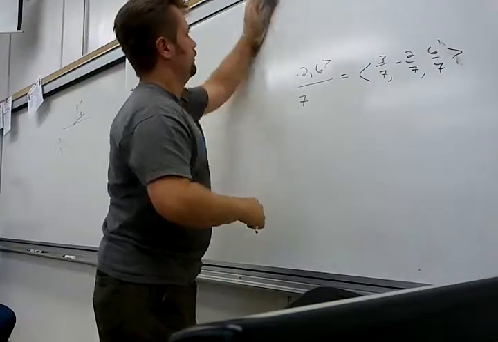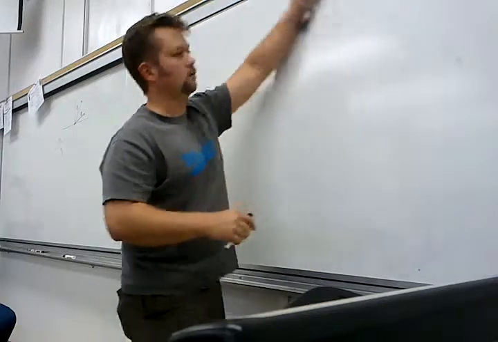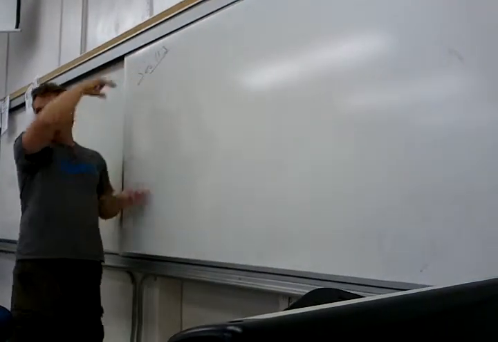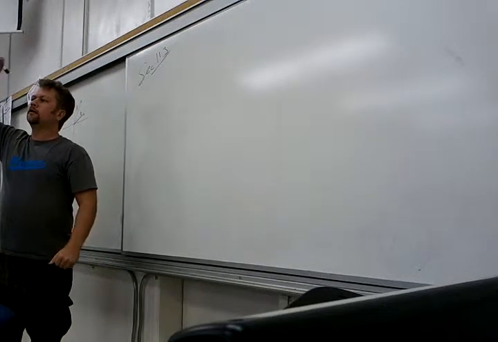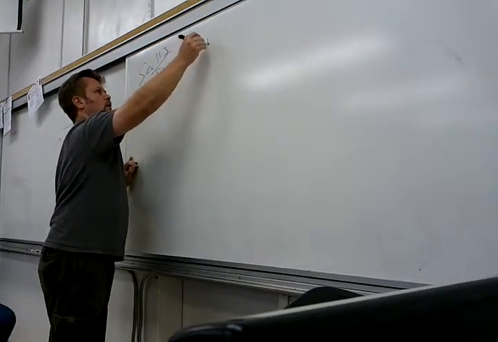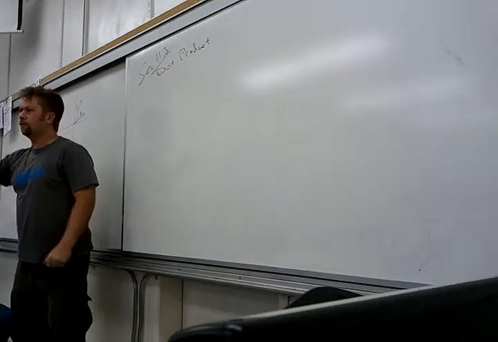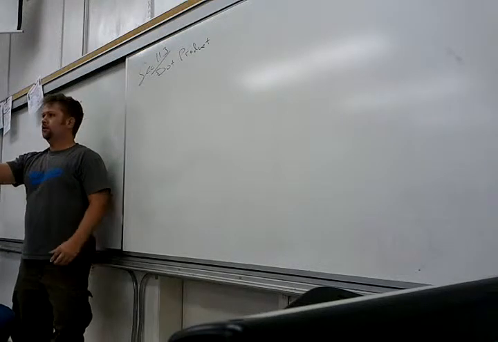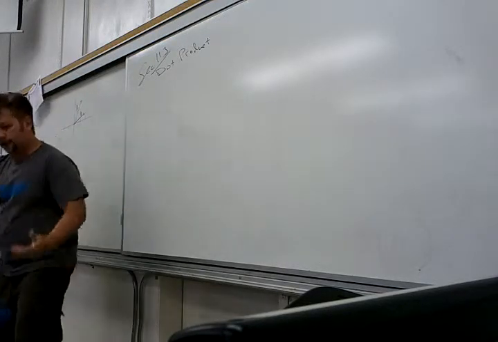So what was the main idea in 11.3? What was 11.3 all about? Dot product. Cool. And the key word they use in here is find two vectors that are orthogonal. Or perpendicular, is that what they say?